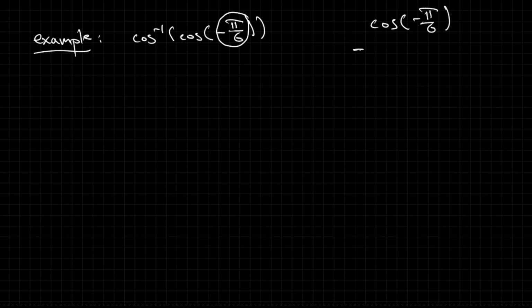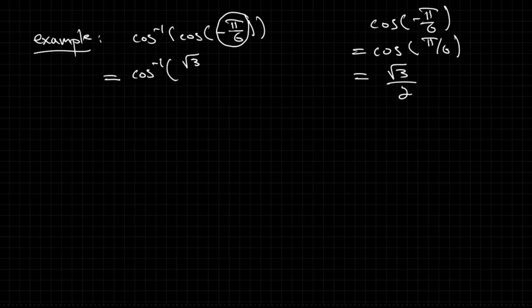I'll use the fact that cosine is an even function, which means that this is the same thing as cosine of pi over 6, and cosine of pi over 6 is root 3 over 2. And so cosine inverse of cosine of minus pi over 6 is cosine inverse of root 3 over 2.